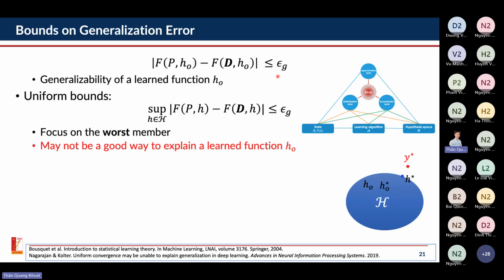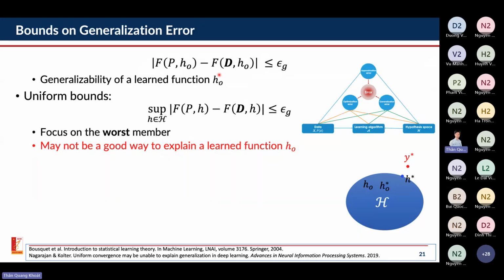And in theories, we often focus on an upper bound for this difference, right? Because the exact difference here cannot be computed directly, right? So in order to analyze this probability, one way is to analyze an upper bound on this quantity, right?